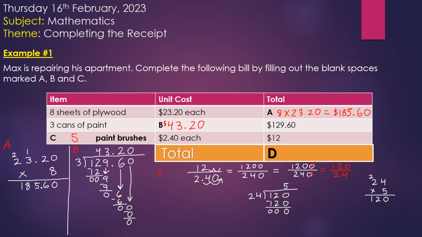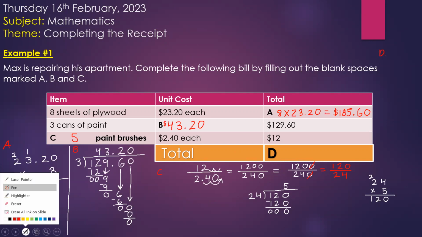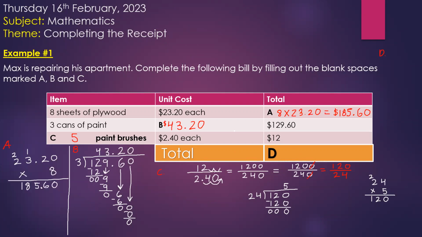Okay, so how are we going to get D? We add them all up. Add them all up, very good. So the answer is going to be $327.20. Okay, that's what we got.